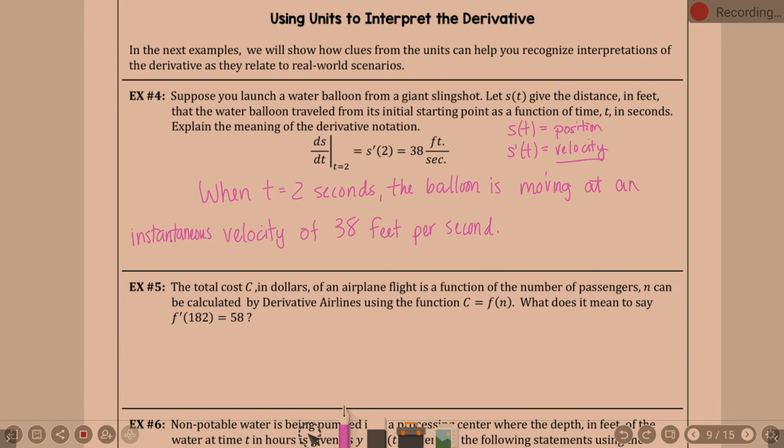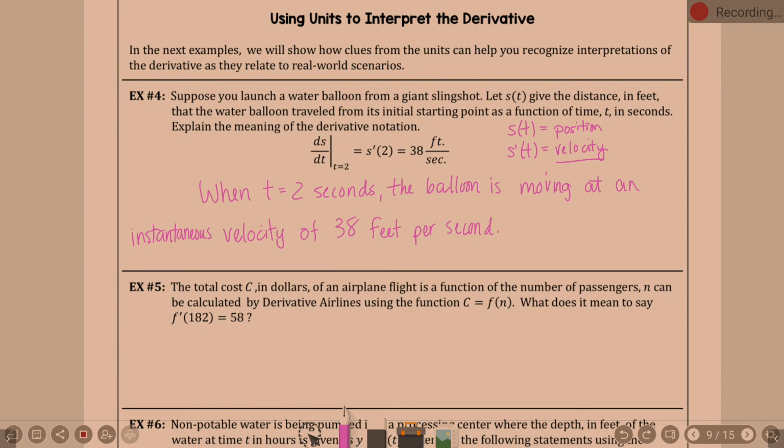Example 5. The total cost C in dollars of an airplane flight is a function of the number of passengers n, and can be calculated by Derivative Airlines using the function C equals f of n. What does it mean to say f prime of 182 equals 58? When there are 182 passengers, the cost is increasing at a rate of $58 per passenger.